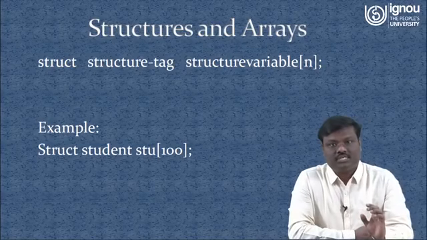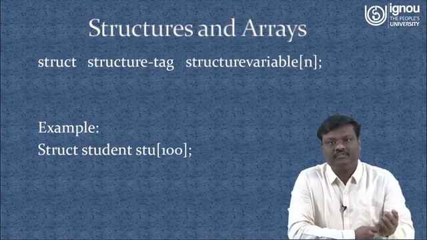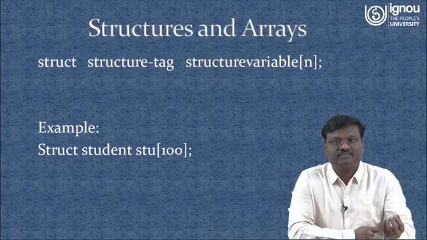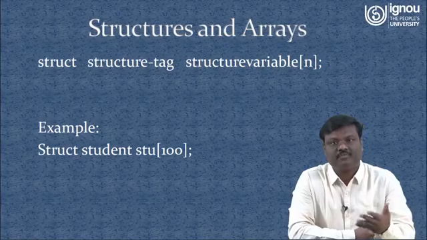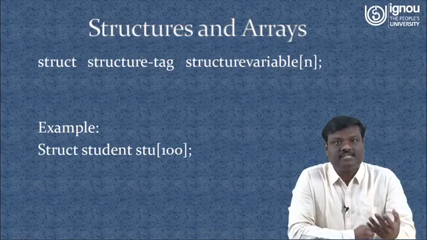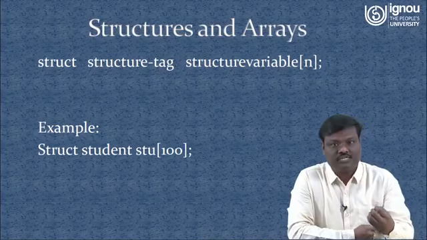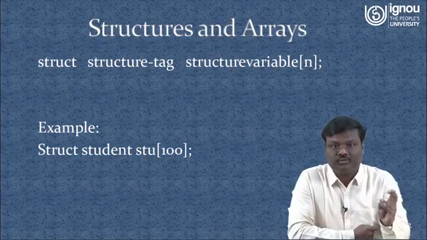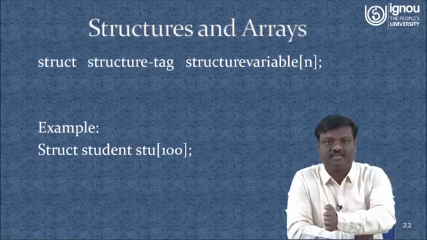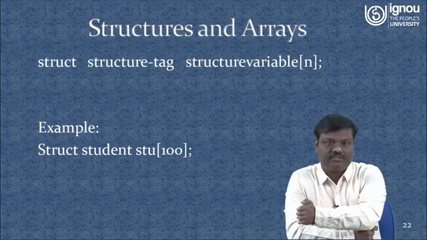Suppose in the earlier examples we had declared 2 or 3 variables as structure variables, s1, s2, s3, where student is a structure. Suppose there is a case wherein 100 students are there and for each and every student you have to maintain the record, like student name, enrollment number, marks for all the 5 subjects, then the total, average, percentage.